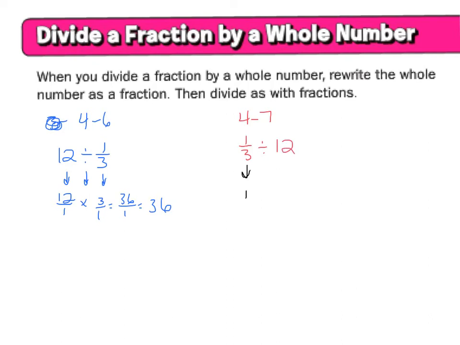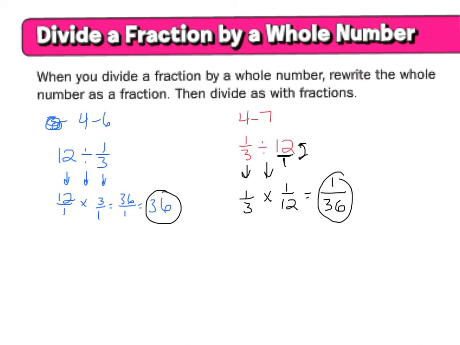We're going to keep the first fraction, change division to multiplication, and then before we can do any changes, we have to make that a fraction. So now I use my reciprocal of it, so I'm going to multiply by 1/12. So 1 times 1 is 1, and 3 times 12 is 36. So your answers are different when you have the whole number in front versus in the second position.